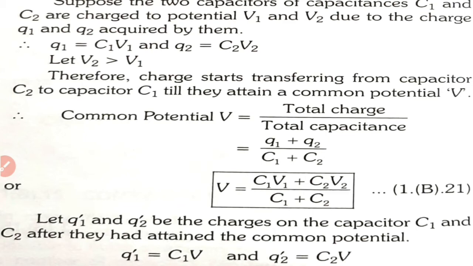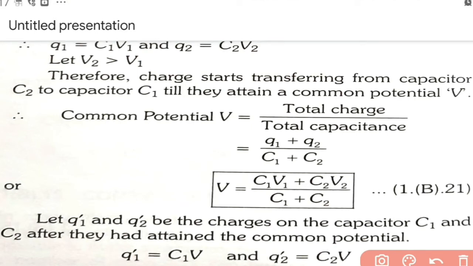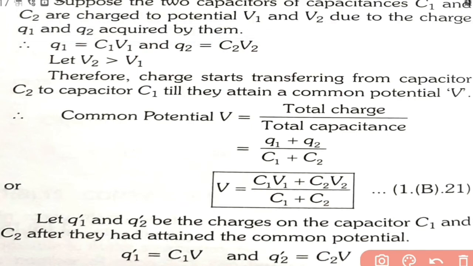We assume two capacitors of capacitances C1 and C2 charged to potentials V1 and V2, and the charges on them before sharing, that means before connecting, are Q1 equal to C1 V1 and Q2 equal to C2 V2.